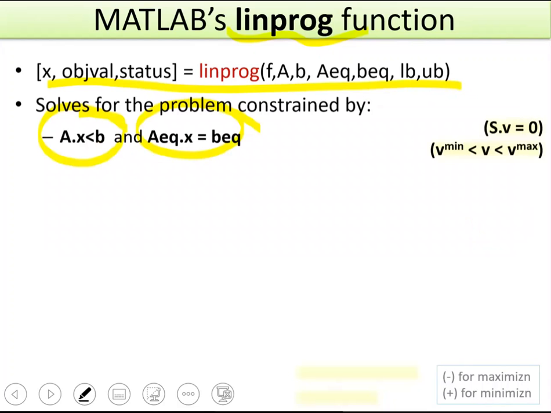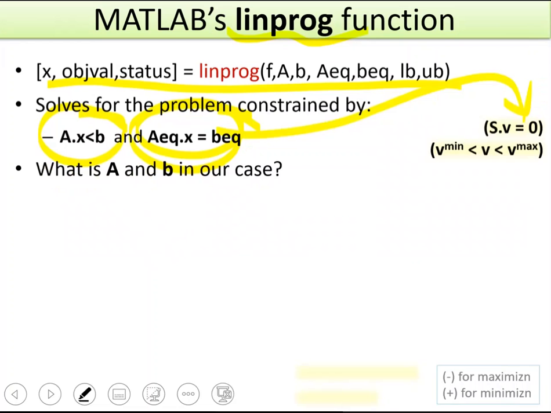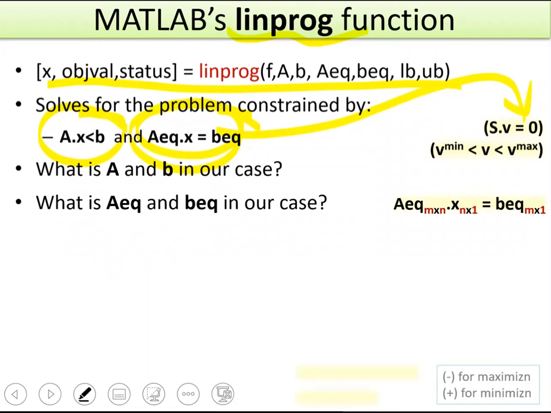So this part is the same as our S.V equals 0. And we don't have any A or B because we don't have any inequality mass balance.